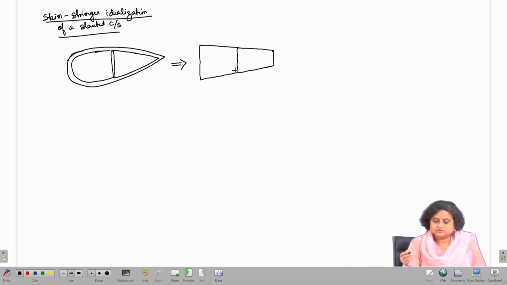There could be stringers at certain locations which we can actually replace by booms wherever there are stringers.